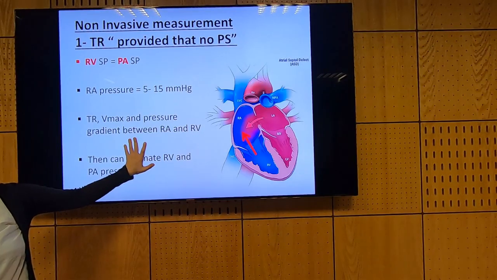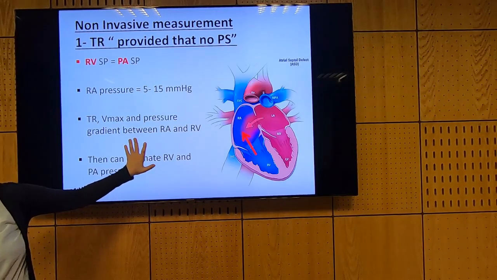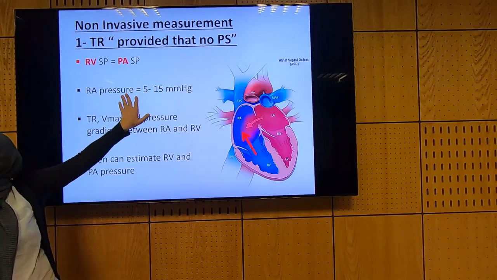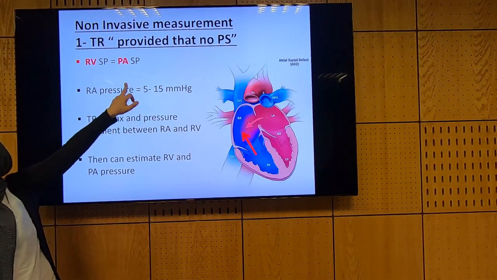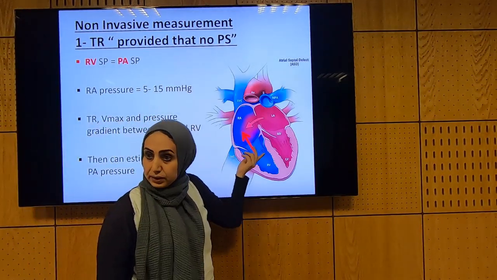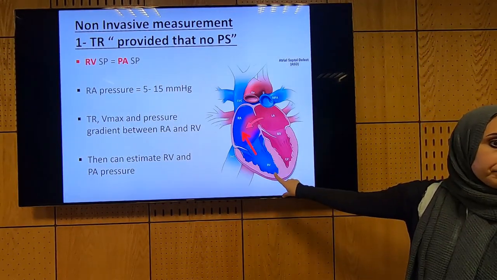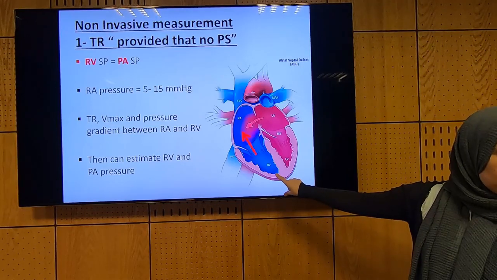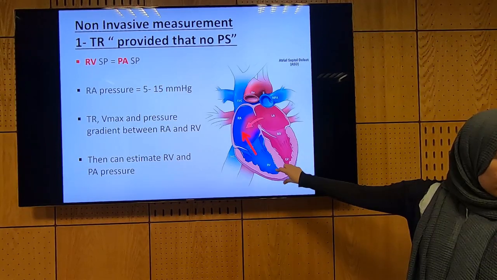If, for example, I have a pressure gradient of 60, and the right atrium is normal, so RA is 5, then we have a pressure gradient between the right atrium and the right ventricle of 60. This means that the RV pressure is 55. You got it?